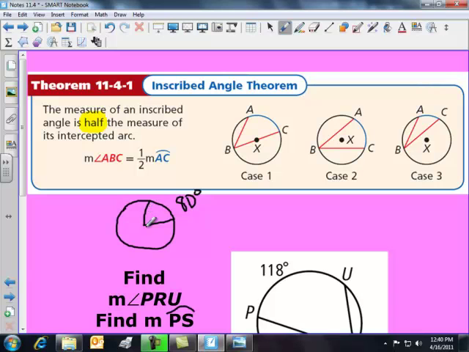Now, if I extend this angle maybe back here and actually have an angle on the circle, an inscribed angle, as you notice, look at that angle right there, look at this angle right there. They are not the same measure. Specifically, this inscribed angle is half of the measure of this intercepted arc.